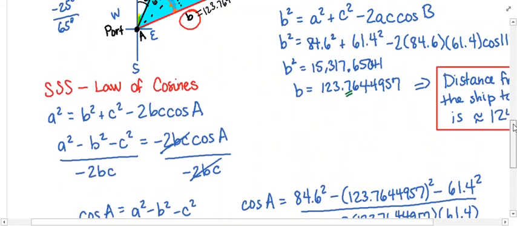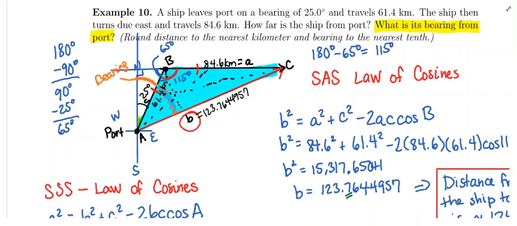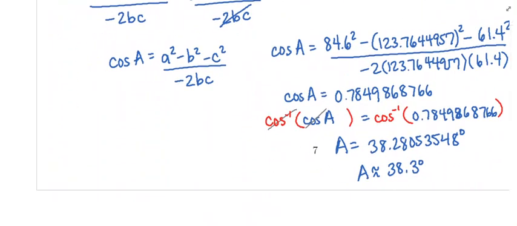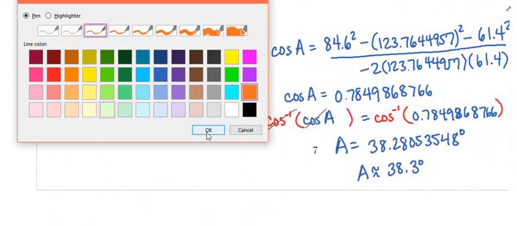This is not the answer. Remember, the bearing is this orange angle. So we have to take this angle A inside the oblique triangle and add 25 degrees to it to get the bearing. So I'll put it back in orange for bearing here.